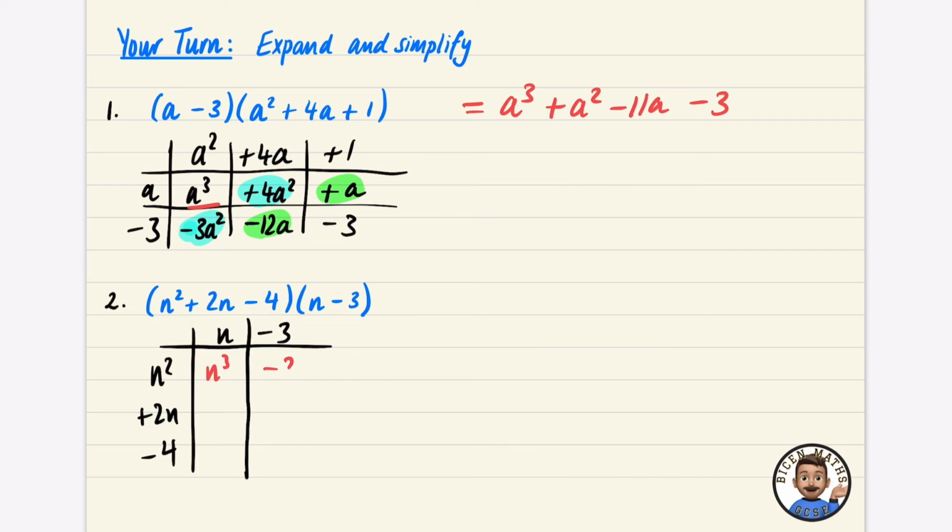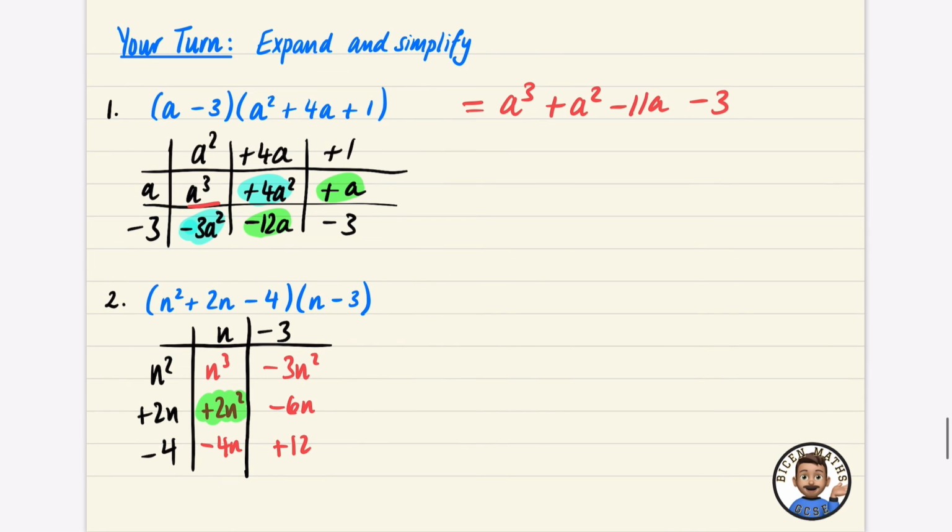N squared times minus 3 is minus 3n squared. 2n times n, that's 2n squared, and you get minus 6n, minus 4n, and plus 12. The ones that are going to simplify are the n squared and the n squared, and the minus 4n and the minus 6n. So let's put that all together. We have the n cubed, we get minus n squared, we get minus 10n, and we get plus 12.